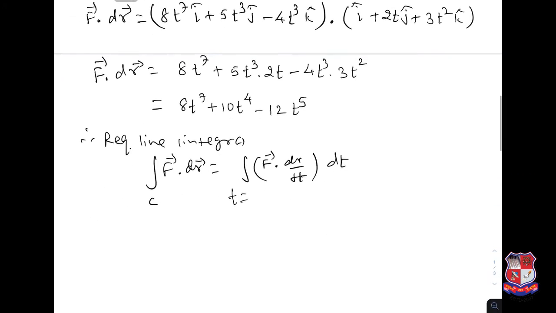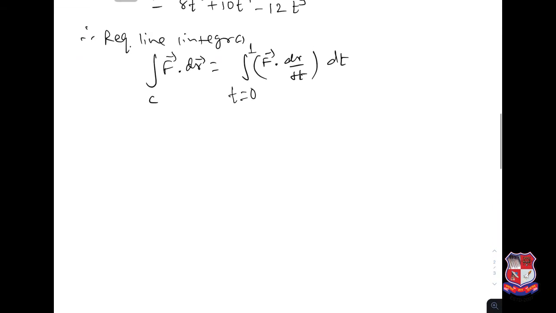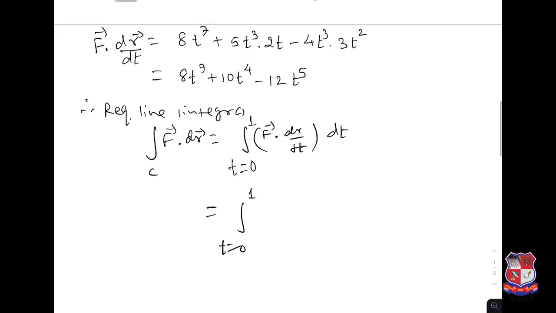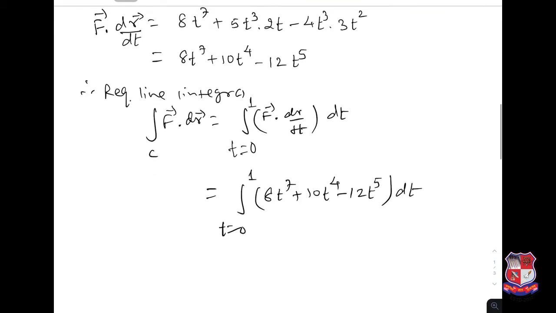So this is equal to the integral from t equal to 0 to 1 of f dot dr by dt, that is 8 t power 7 plus 10 t power 4 minus 12 t power 5 dt.